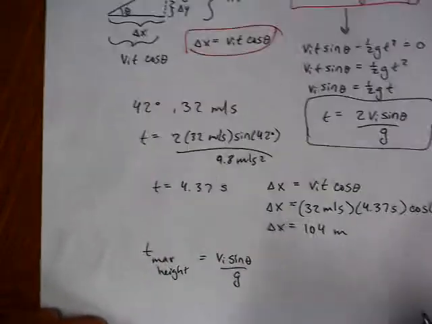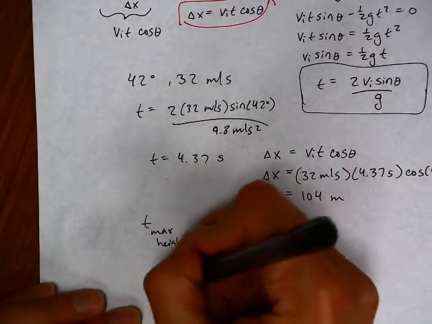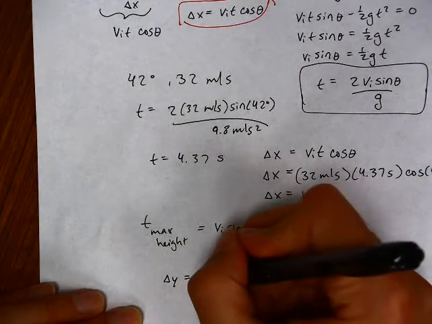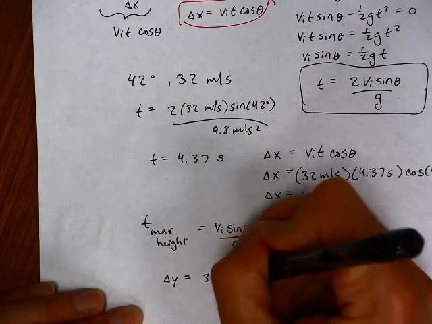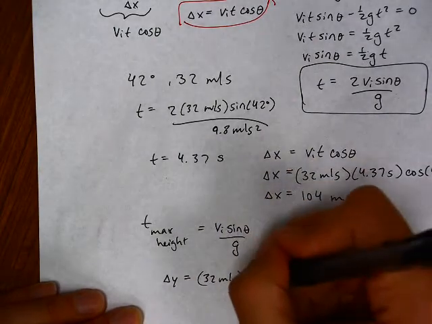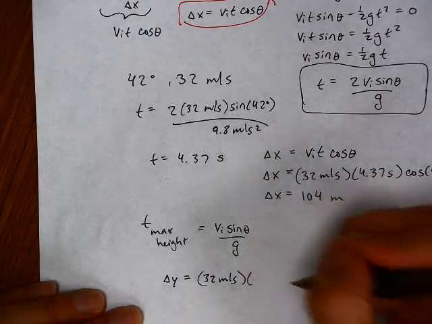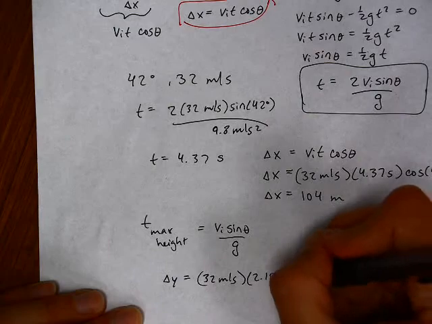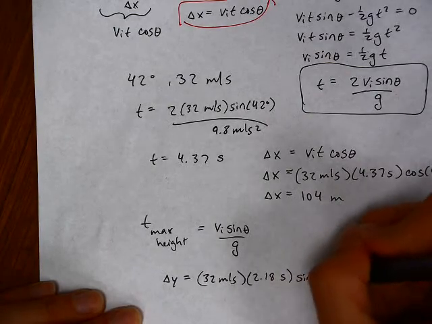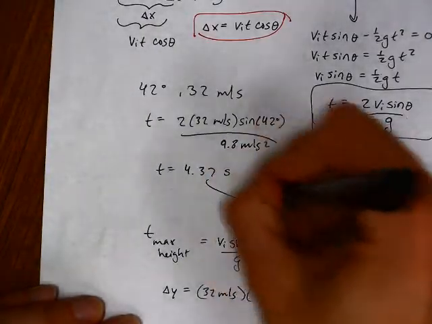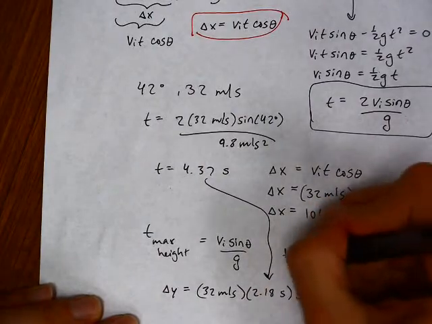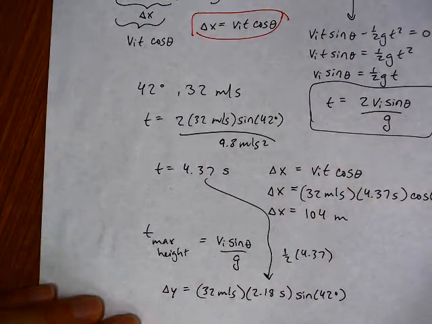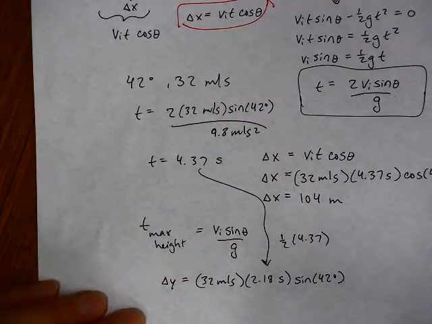Okay, let's do it. So delta y equals VI, 32 meters per second, times t, which would be 2.18 seconds, approximately, times sine of 42 degrees. You see 2.18 is half of 4.37, approximately.